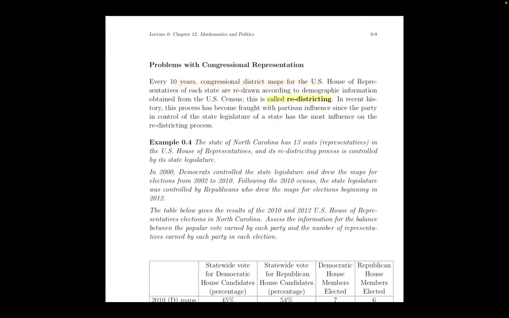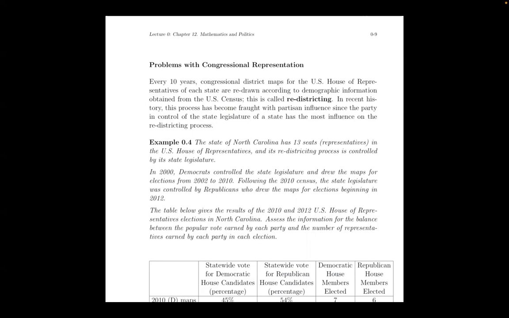This is called redistricting, and we hear about it a lot in the news, and a lot of people like to complain about it, and it becomes a pretty political issue. And really, in recent history, the process has become fraught with partisan influence and just lots of political fighting in general.